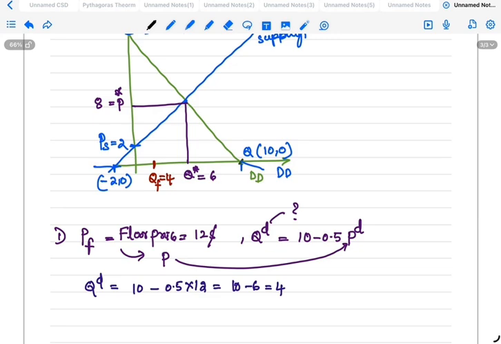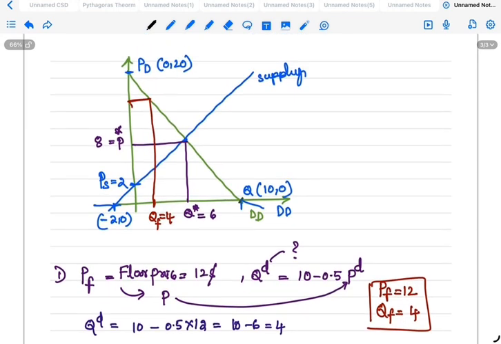What is the price? The floor price PF equals $12, and the quantity at the floor price is 4. So this is the point. Down here, this value is 12, that is PF equals 12.